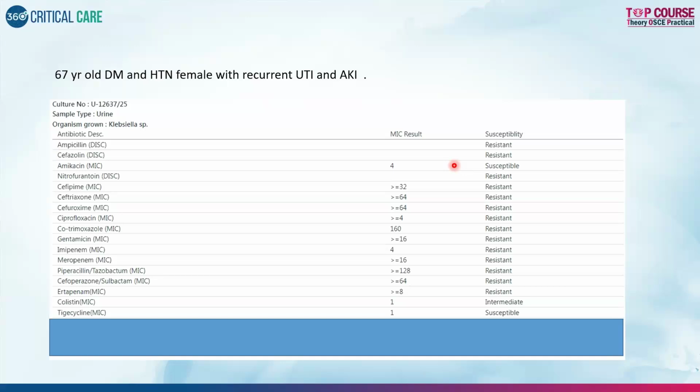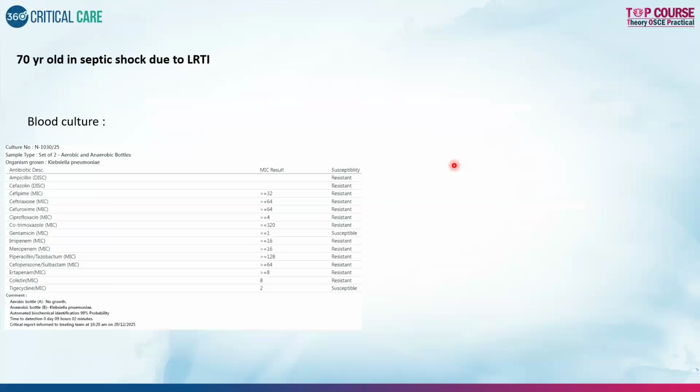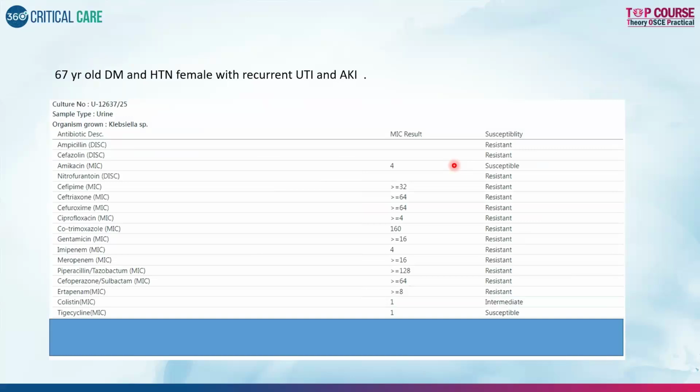Here at least you have an intermediate possibility of colistin, based on your culture sensitivity report. In the other case, it is completely mentioned as resistant, and starting it would be counterproductive. You would probably waste more time with this patient. If you have an intermediate possibility, you can start this.